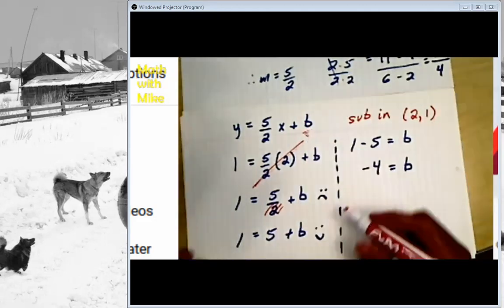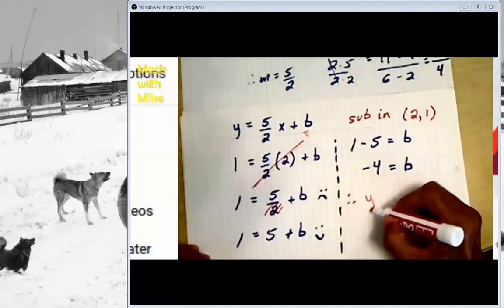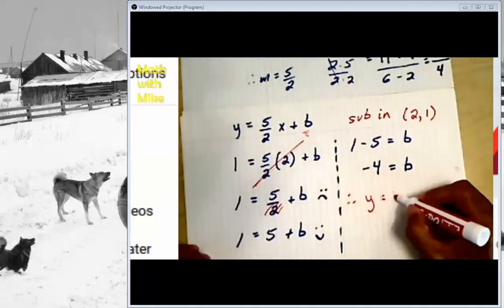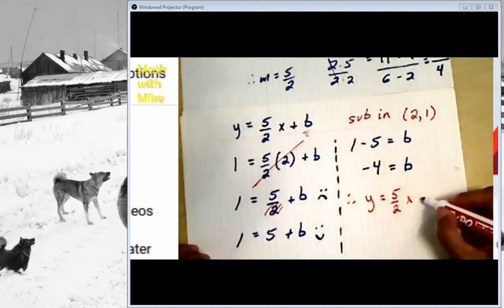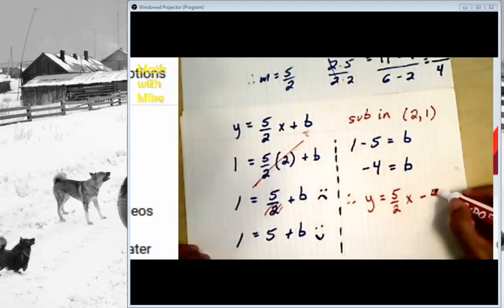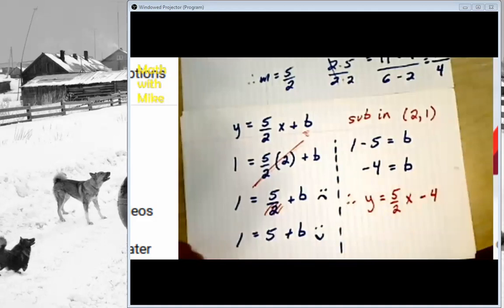And so therefore, what does that give for our final answer? Y is equal to 5 over 2x, and then minus 4 in there. Okay, and that was our goal for this question.